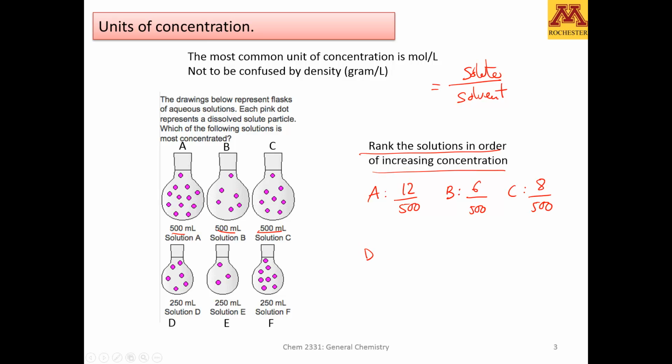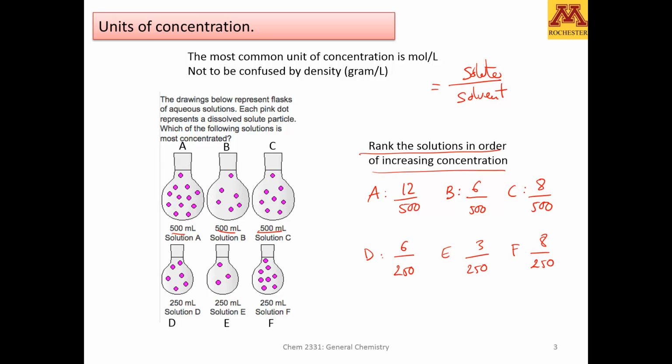And then D, you have 6 over 250 milliliters. For E, you have 3 over 250 milliliters. And finally, F, how many is that? That's 8 over 250.